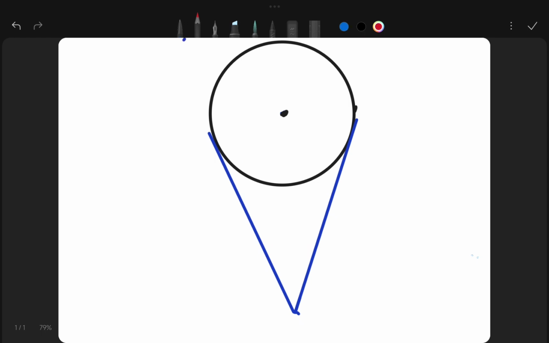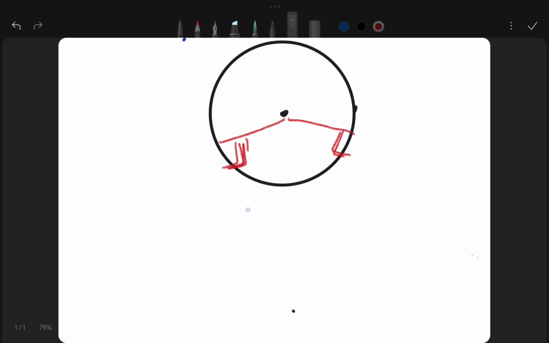So this is equal to this. And once again, remember, from here to the center of the circle, this angle is 90 degrees, and from here to this point, the angle is 90 degrees. These types of questions come up a lot, tangent questions especially. Okay, moving on to our final theorem of the day.